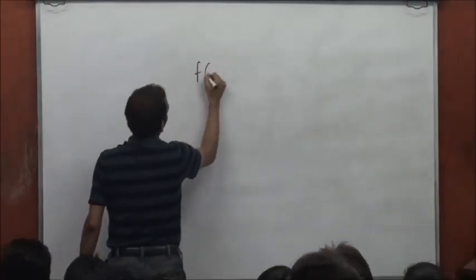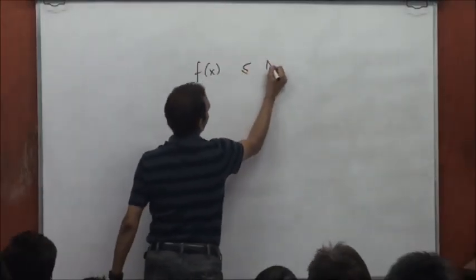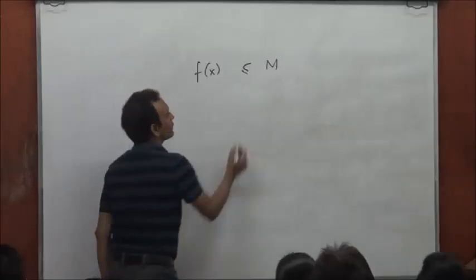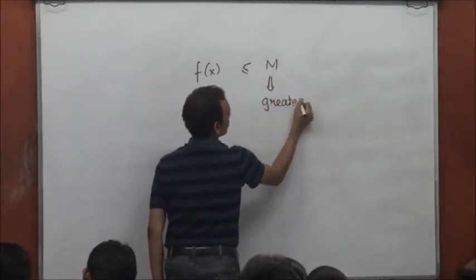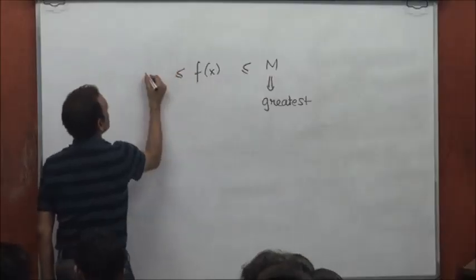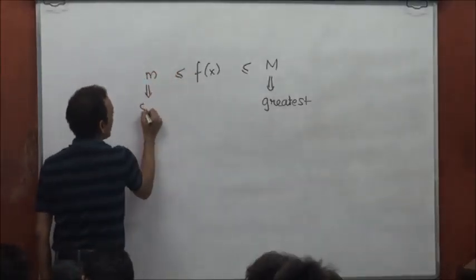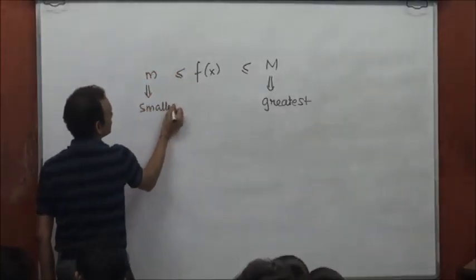So capital M is the greatest value of the function in an interval, and small m is the least value of the function in the interval.